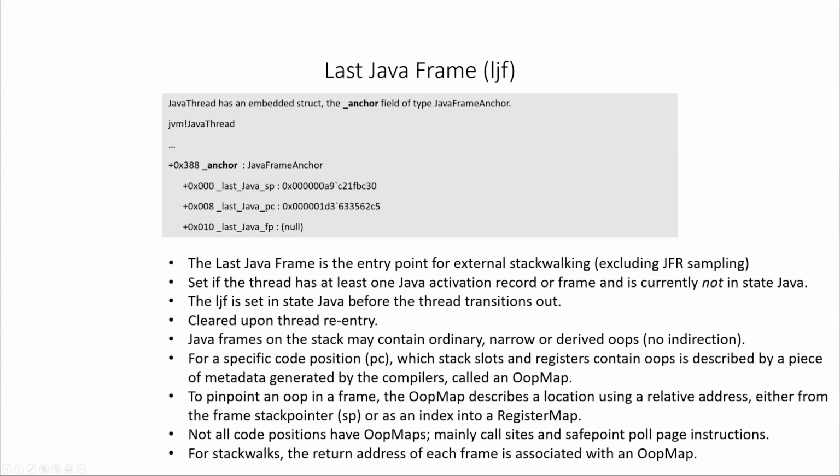And to pinpoint an OOP in a frame, the OOP map describes a location using a relative address, either from the frame stack pointer or as an index into something called a register map. Not all code positions have OOP maps. They are mainly associated with call sites and Safepoint poll page instructions. For stack walks, the return address of each frame will be associated with an OOP map.